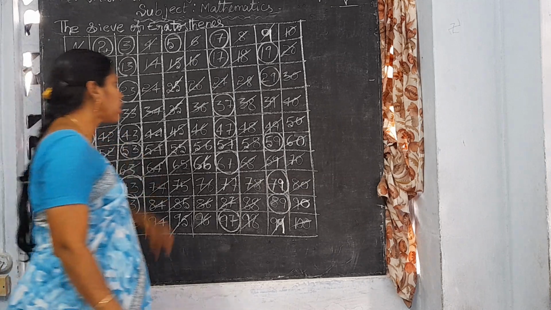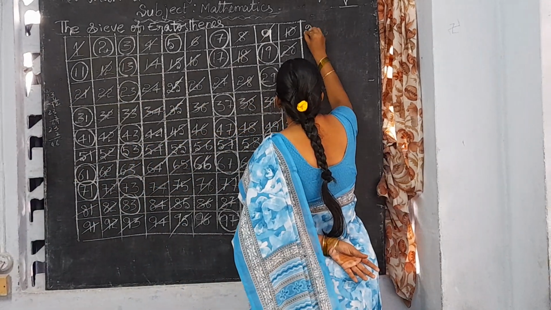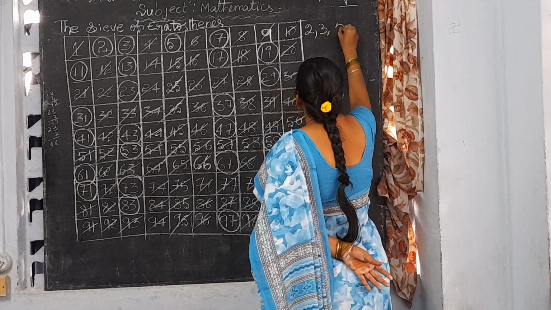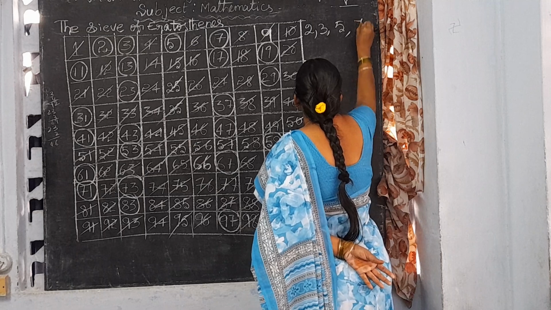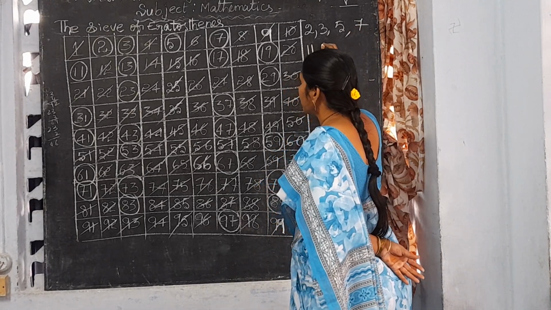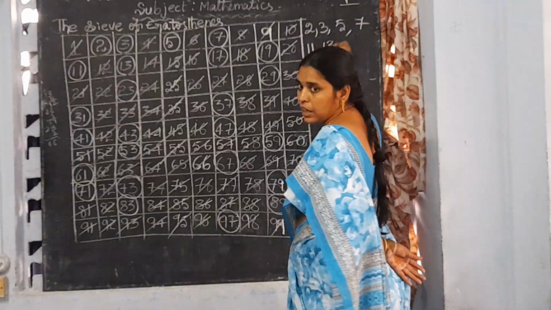What are the prime numbers? See, 2, 3, 5, 7, 11, 13.